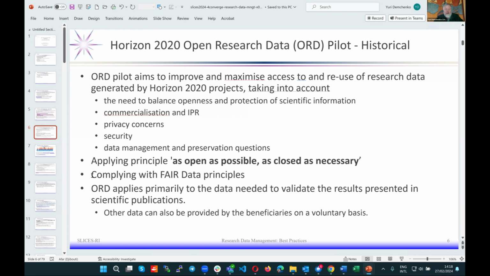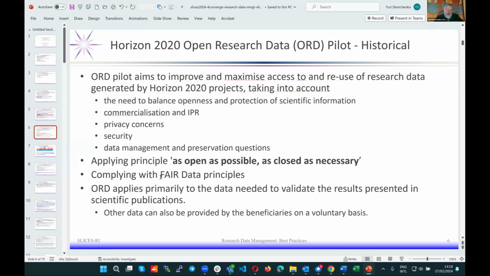And in new recent developments, since possibly 2022, the European Open Science and Open Data initiative and policy includes the FAIR data principles.